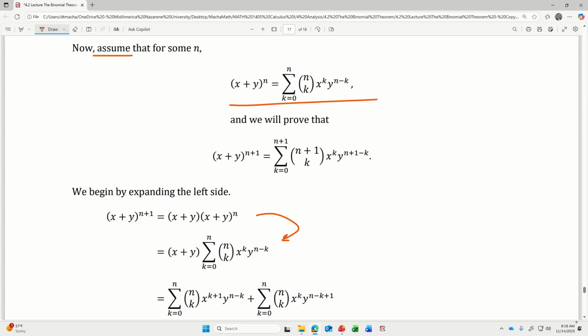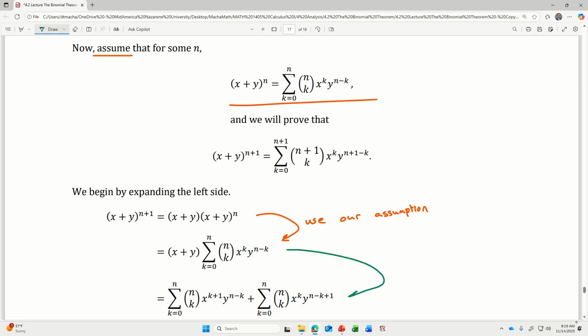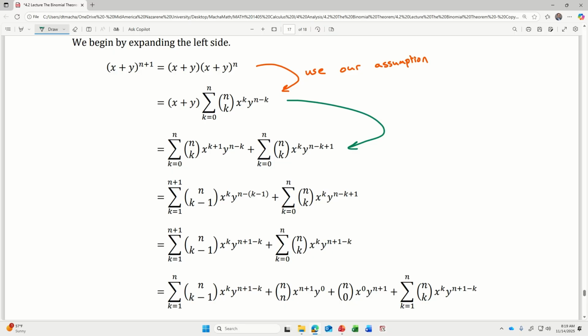And so what happens in this step is we're going to use our assumption, by replacing the x plus y to the n power with this sum. And that's why it shows up here. Oh, okay. So you're looking outside, and then you're choosing. Yeah. Okay.